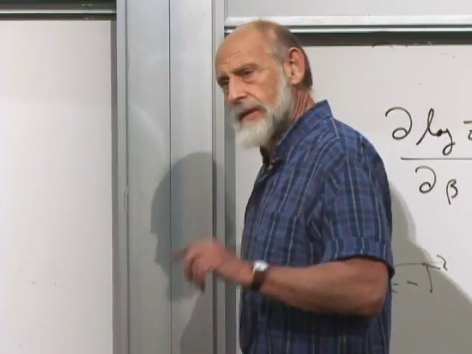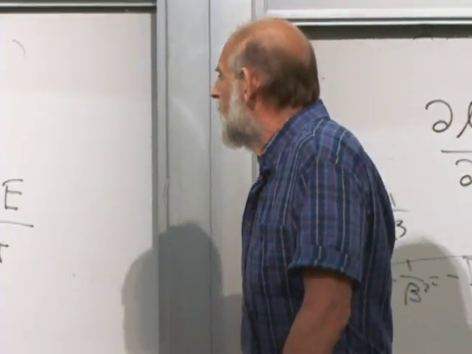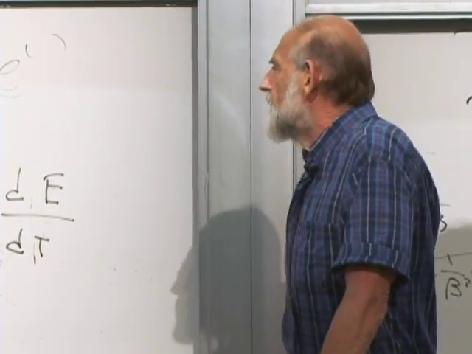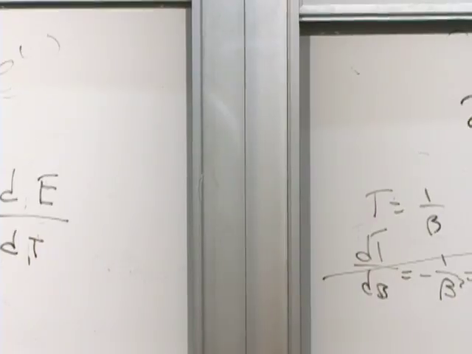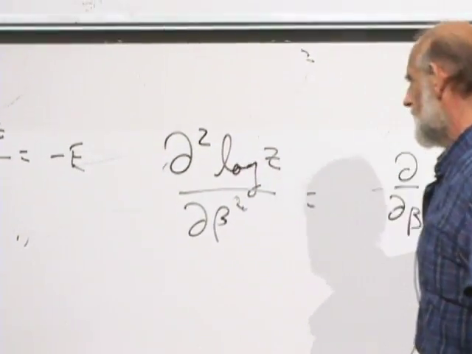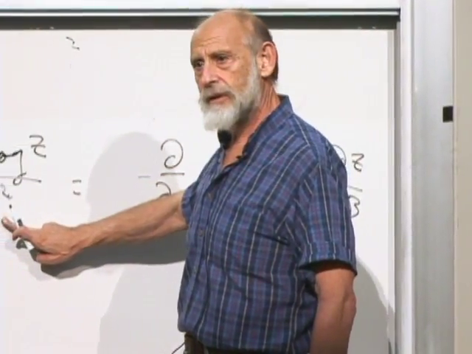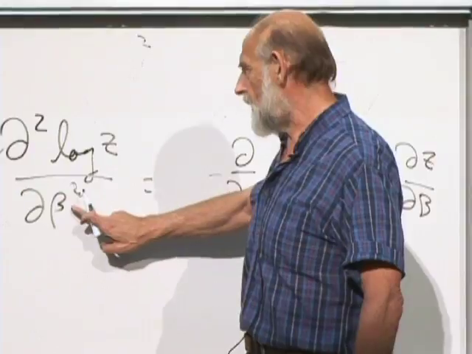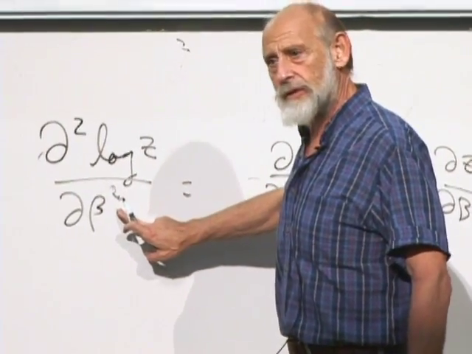Could we go back just a second here? Yes. We showed that the delta E squared is the second derivative of log Z with respect to beta squared. Okay, now how do we get from there? The first derivative is just the energy. Apart from the sign, the d log Z by d beta is energy.